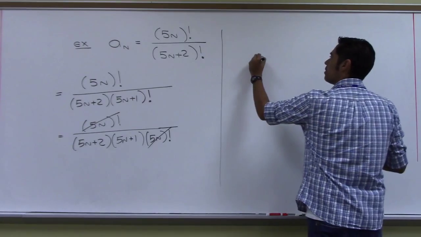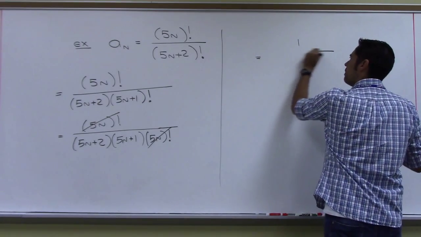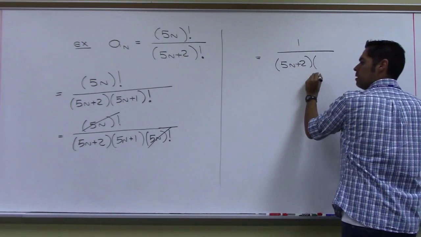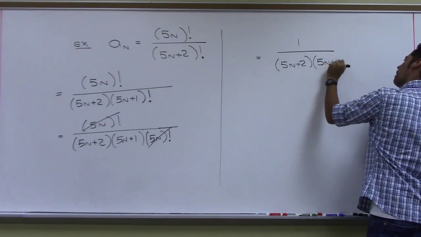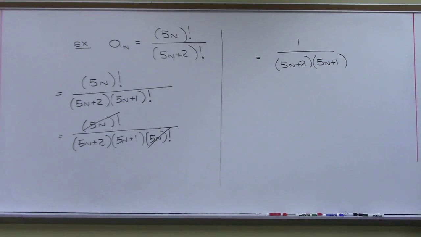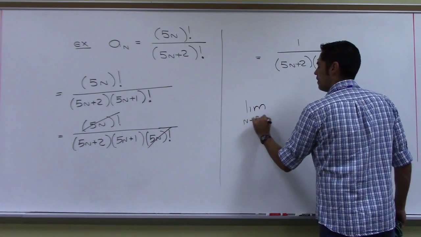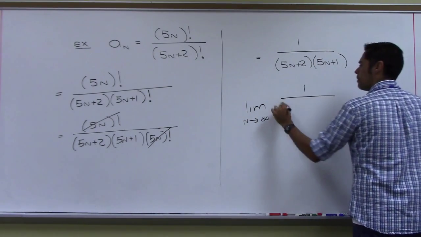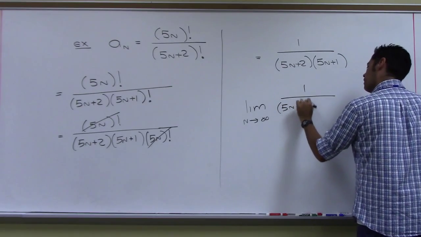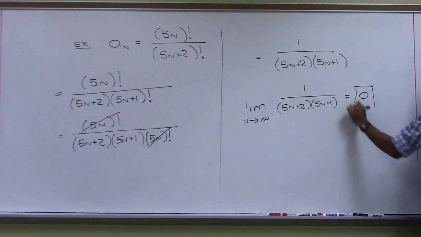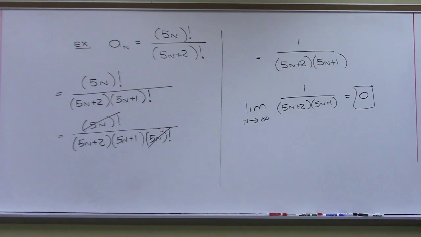All that's left is this: 1 on top, 5n plus 2, 5n plus 1. That's all that's left. Now take the limit as n goes to infinity. What is the limit as n goes to infinity of this? It is 0. So it converges to 0.